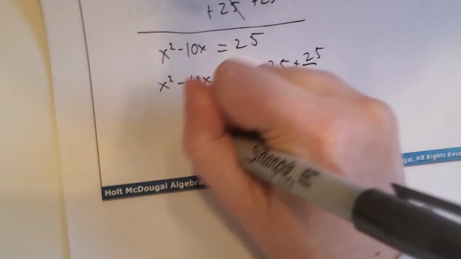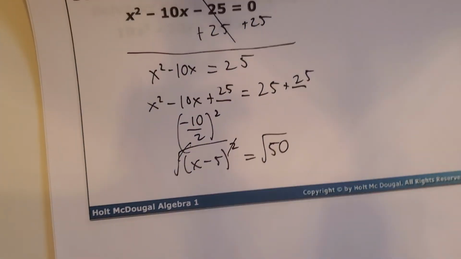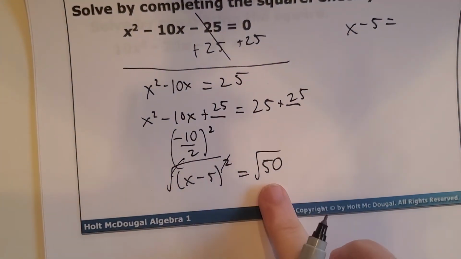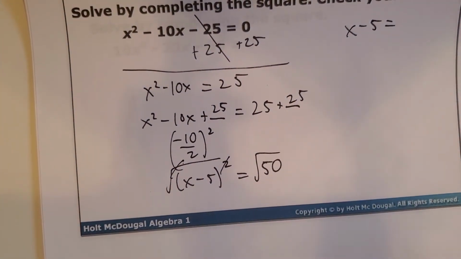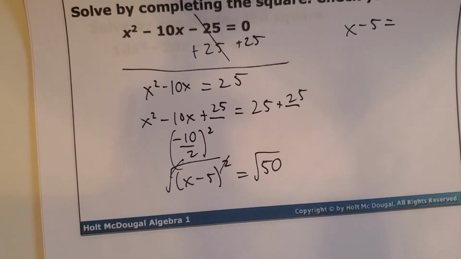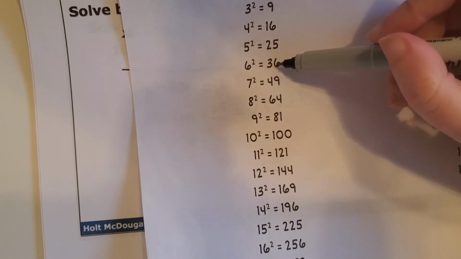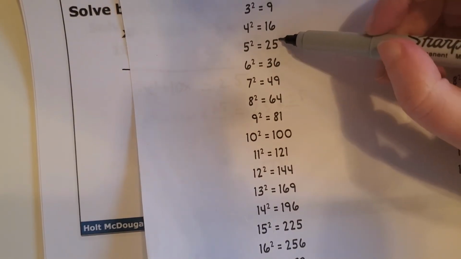Take the square root of both sides. So we have x minus 5 equals something. Now the thing with 50, and the reason why I wanted to do this one, is because the square root of 50 can be simplified. 50 is not divisible by 49, it's not divisible by 36, but it is divisible by 25.